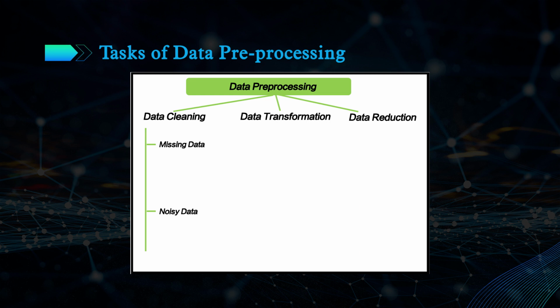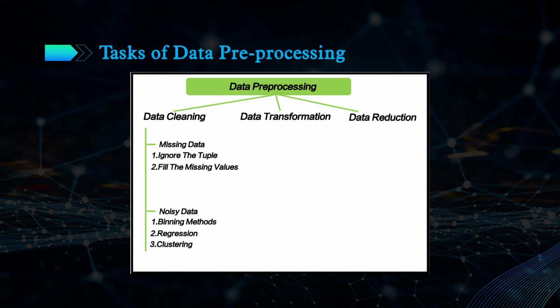For missing data, we can directly ignore the tuple or record, or we can fill the missing value manually, by means, or by the most probable value. Second, eliminating the noisy data. Methods include the binning method, regression method, and clustering method.